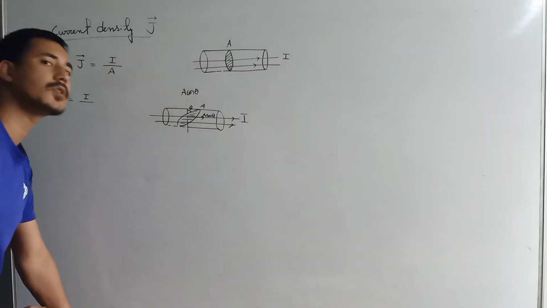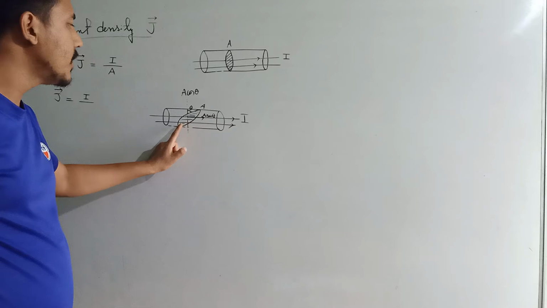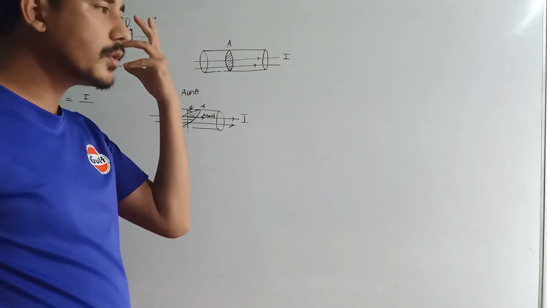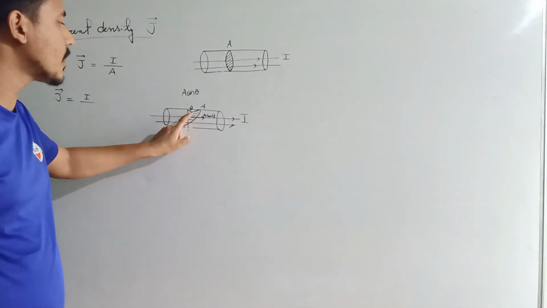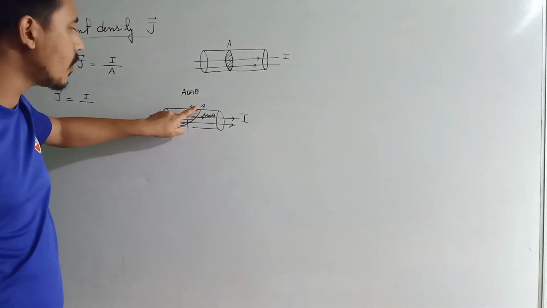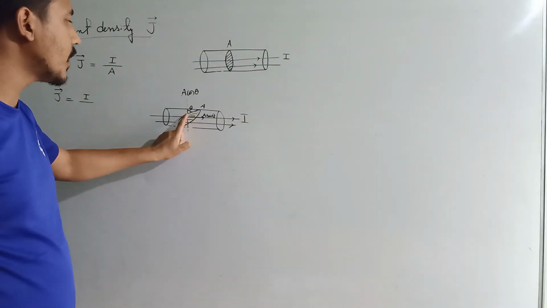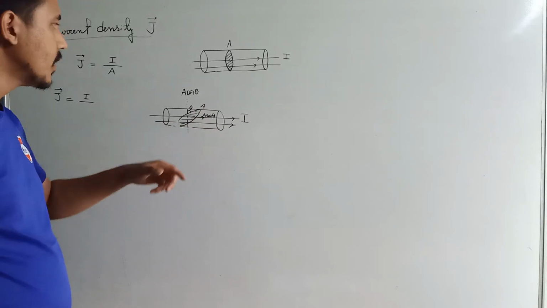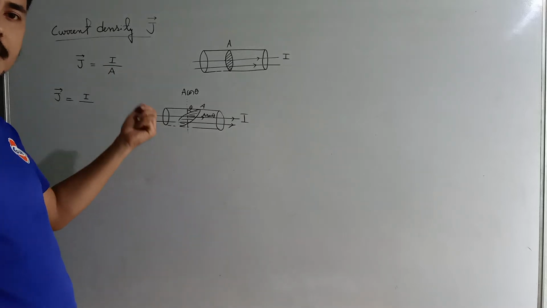That is how we can resolve A into two components, A cos theta and A sin theta.